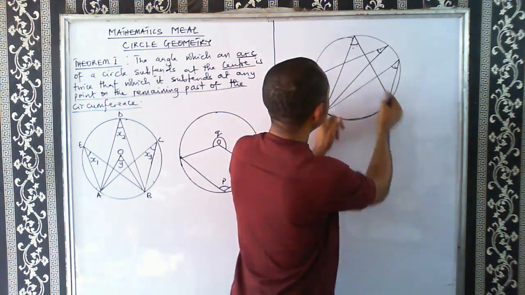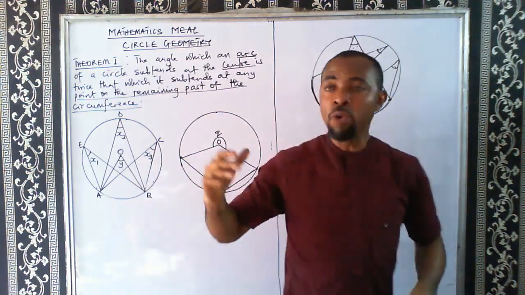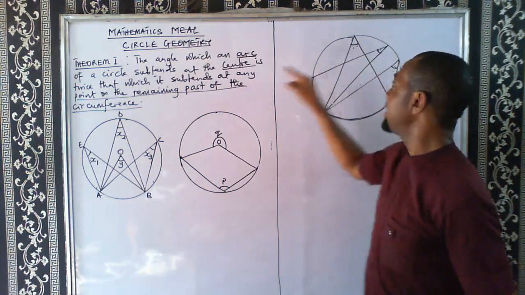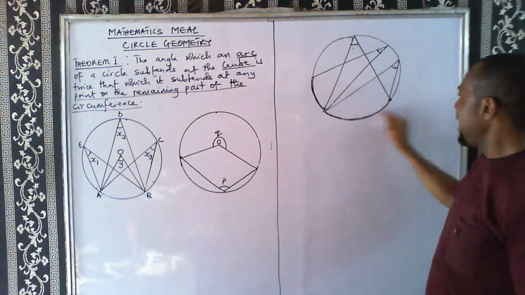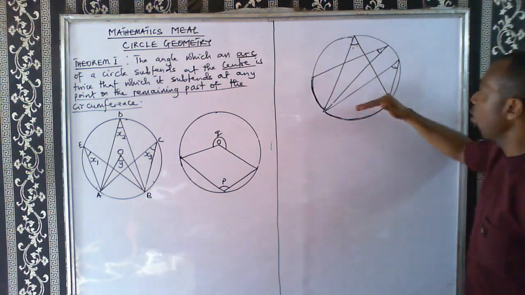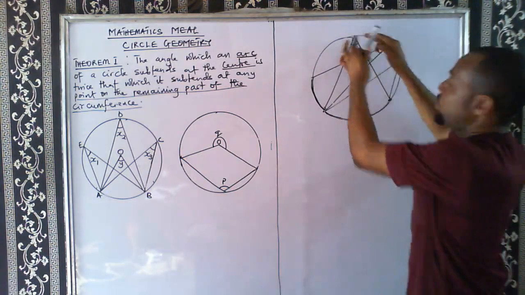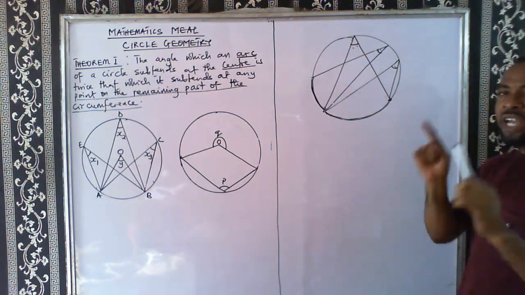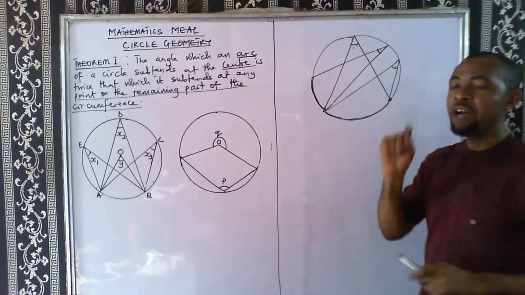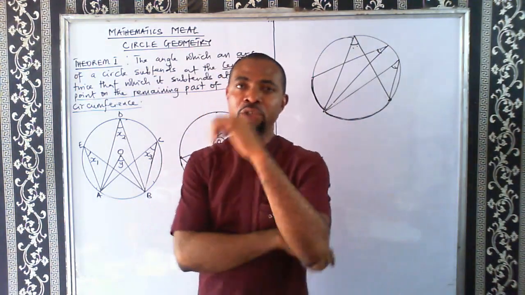Likewise, the lines that formed this one originated from this arc. So you now see that when we have an angle at the circumference, there is an arc that will subtend it, an arc that will produce the angle. So every angle at the circumference has an arc that produces it. I think that's also clear.